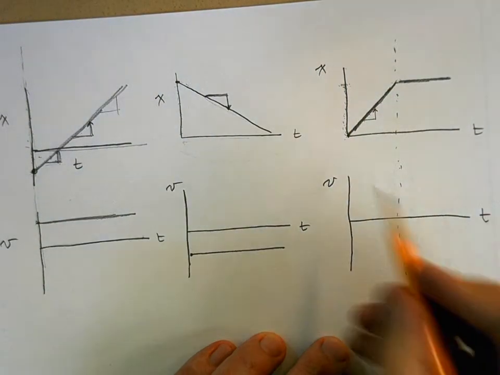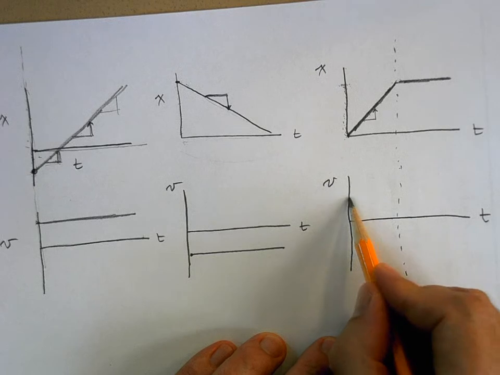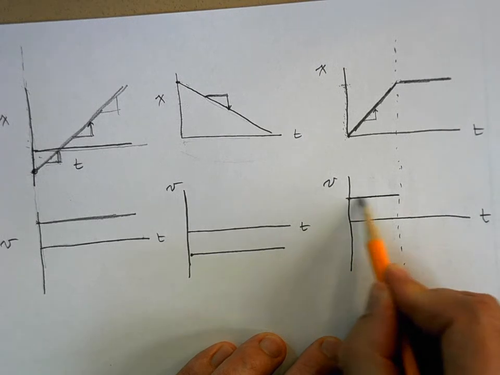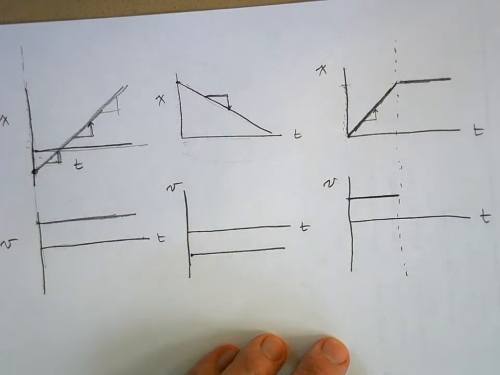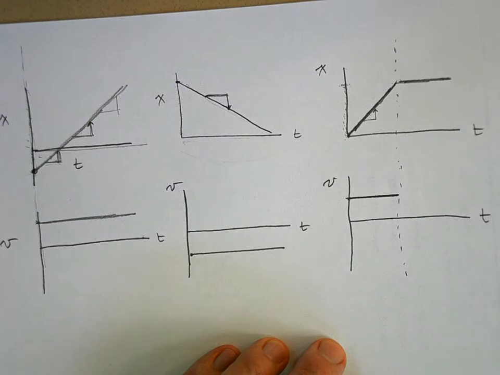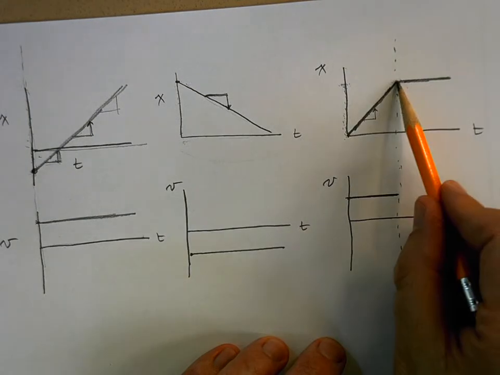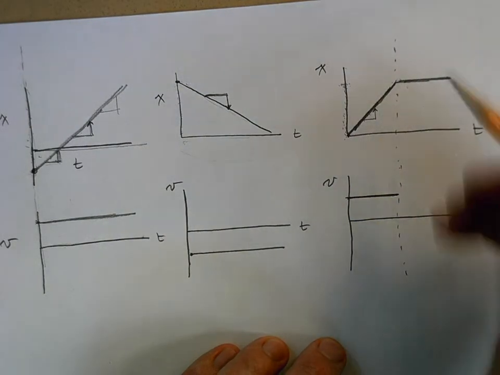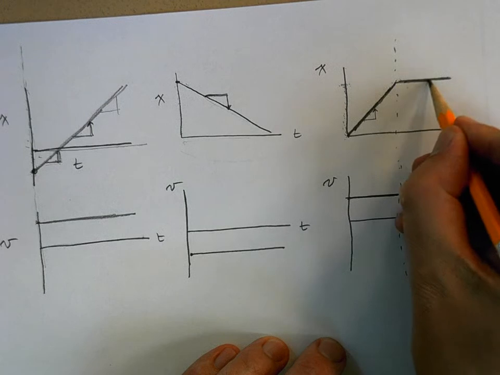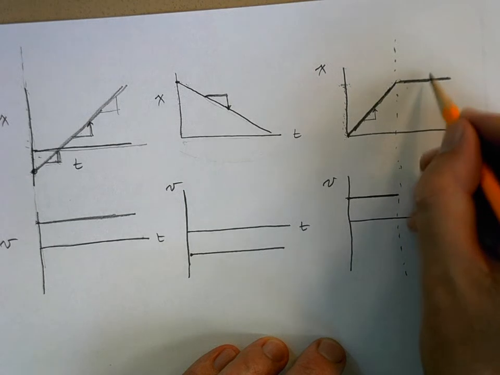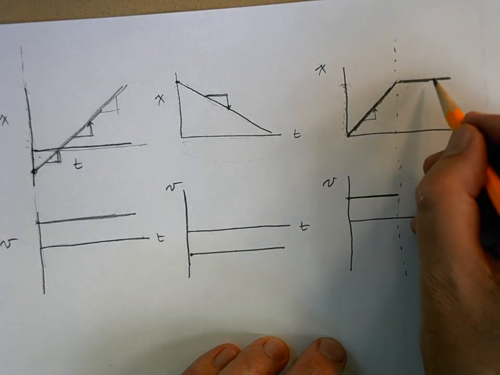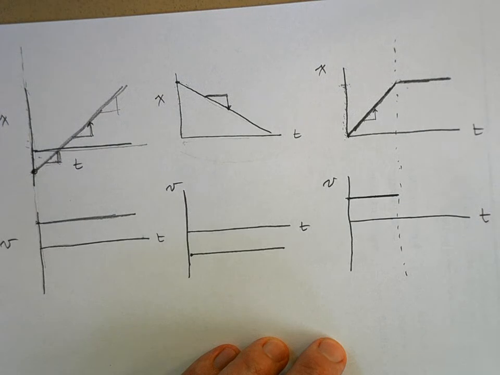So that means from here to here, I've got this, right? But what happens right here? As I go this way, I don't go up or down at all. I have no delta x, which means my delta x is 0.